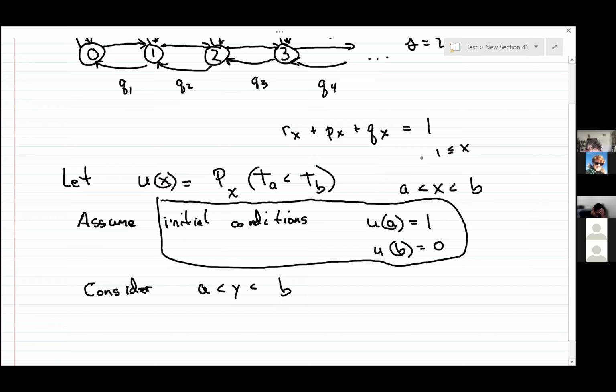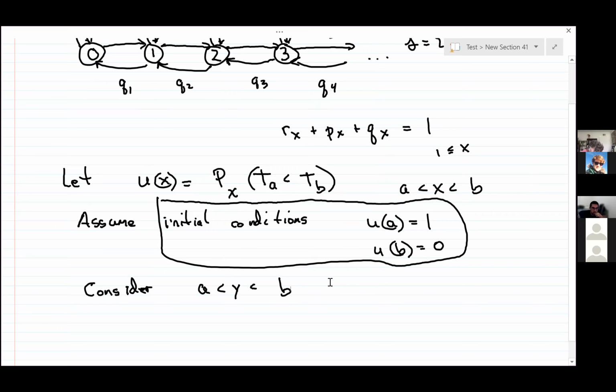Because you've already done it with X. You made the same similar kind of assumption up here. It turns out he's going to sum over this index later. So he doesn't want to call this X. He wants to think of this X as a definite place. And he wants to think of this as any place in between.